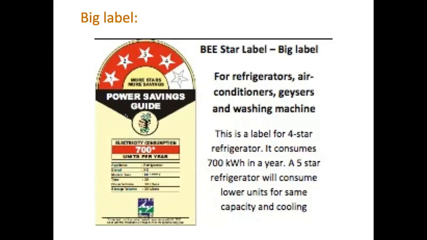While some categories of appliances necessarily have to be given a star rating, for others it's optional, right? The appliances which need to have an energy rating label mandatorily are frost free refrigerators, tubular fluorescent lamps, room air conditioners, color TVs, and so on.